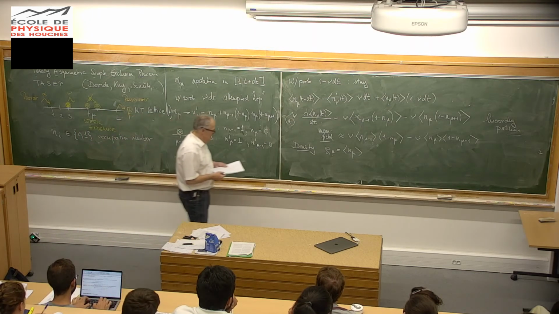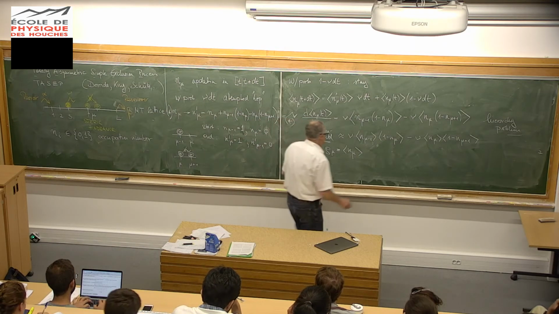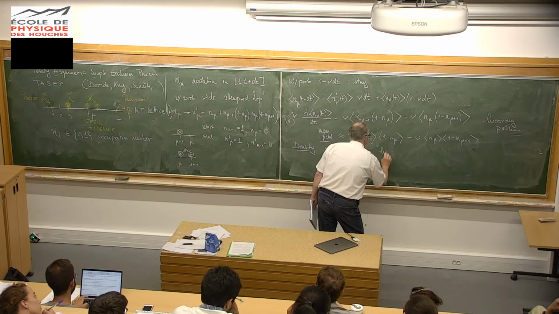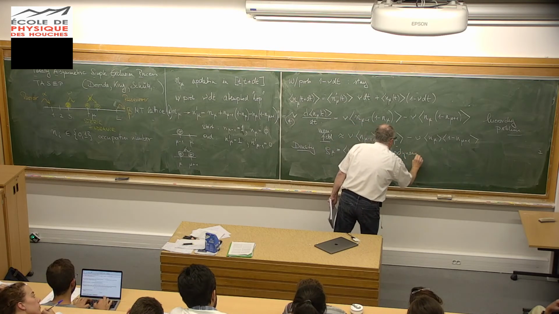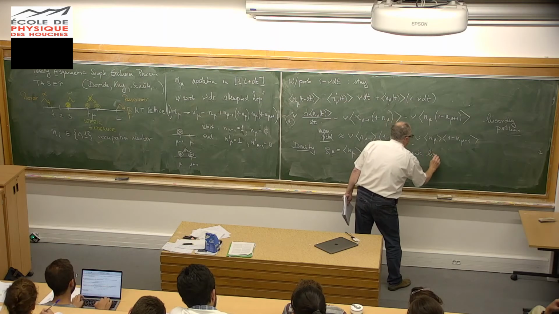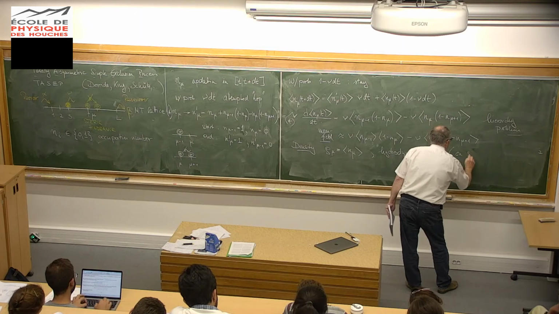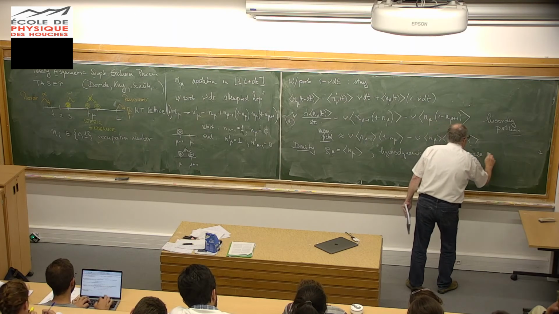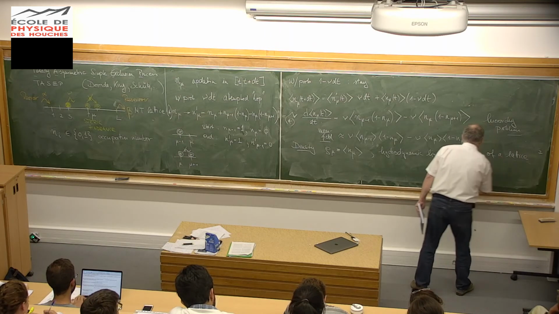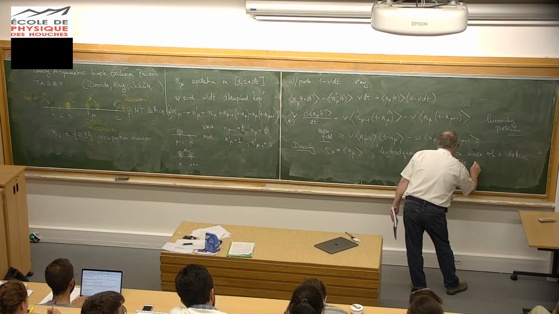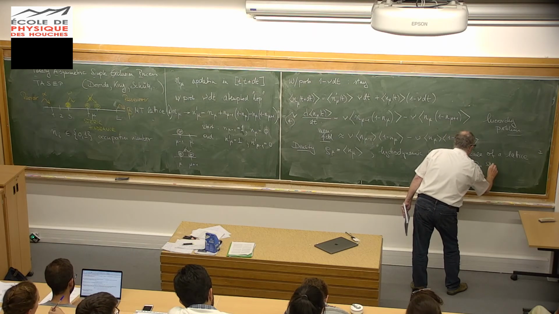In addition, what I want is that I will take a hydrodynamic limit, which says that on the scale of a lattice site, the profile rho mu is smooth.